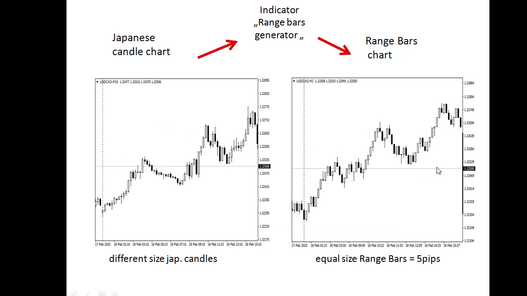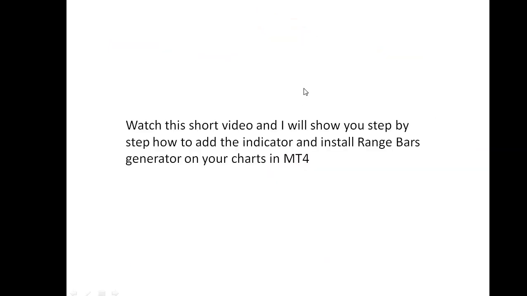So we can say that it's working offline, because it's taking data not from the net but from this chart here. So watch this short video and I'll show you step by step how to add this indicator and install the range bars generator on your charts in MetaTrader 4.